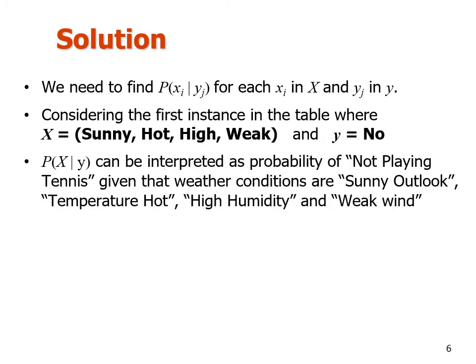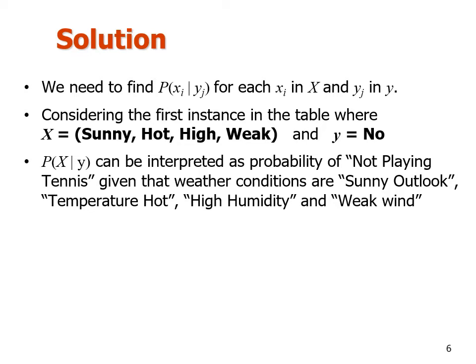So probability of x given y can be interpreted as probability of not playing tennis given that weather conditions are sunny outlook, temperature hot, high humidity and weak wind.